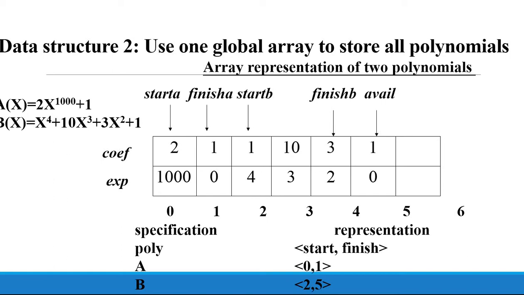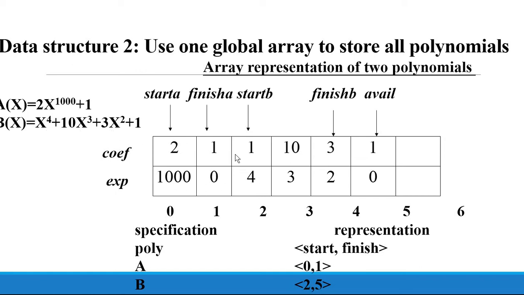Okay, so B of x, that's polynomial B. If you see, all the terms are there: x power 4, 10x power 3, 3x power 2 plus 1. So we have stored polynomial A here: 2x power 1000, so 2 and exponent 1000, 1 x power 0, so 1 and 0.